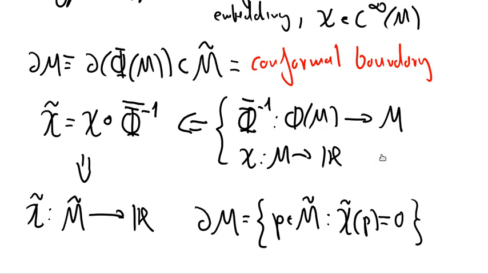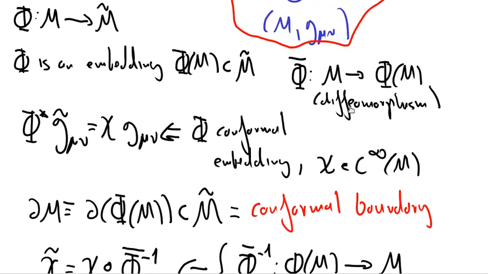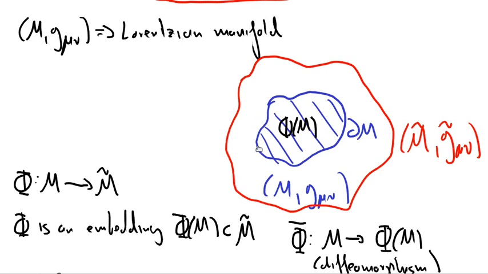Okay, so the main ideas are that we have introduced the conformal embedding, and with it we can define the conformal boundary.